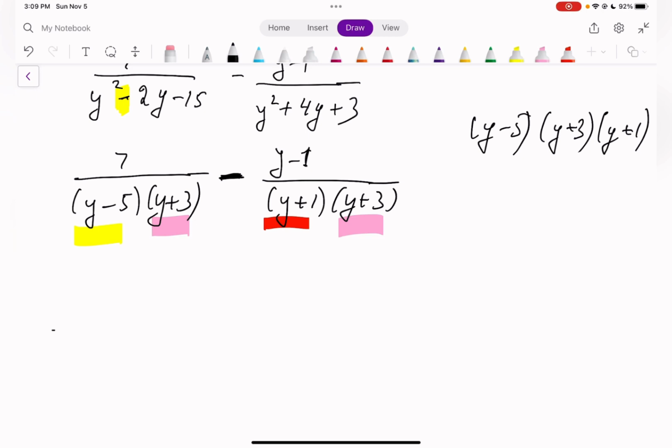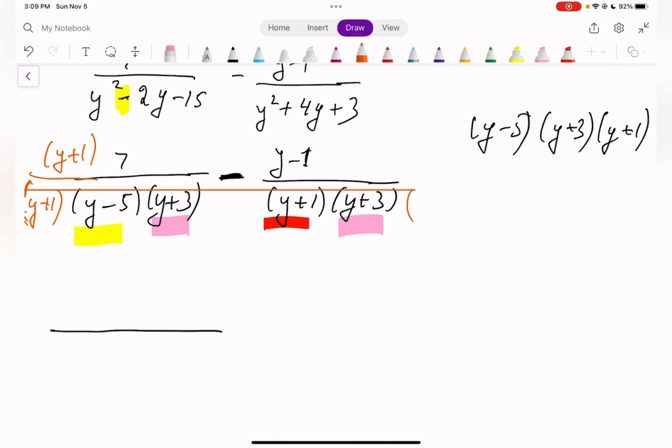So this is going to be our common denominator, which means in the first fraction we are missing y plus 1, and y plus 1 here. And here we are missing y minus 5, here and y minus 5 here.